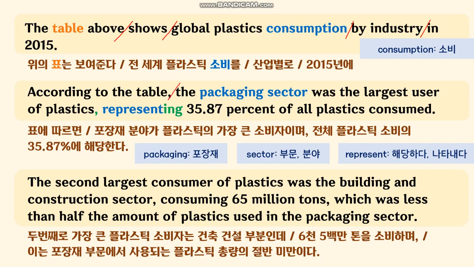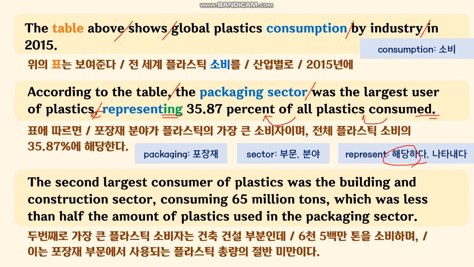According to the table, 표에 따르면 the packaging sector, 포장재 분야가 was the largest user of plastics, 가장 큰 플라스틱의 사용자인데요. 컴마하고 ing 나왔죠? 분사구문, 그냥 접속사하고 동사다라고 생각하면 돼요. 포장재 분야가 플라스틱의 가장 큰 소비재인데 represent, 나타내다, 해당하다. 35.87% of all plastic consumed. 전체 플라스틱 소비의 35.87%를 나타냅니다. consumed 뒤에 이거는요, 과거 분사 뒤에서 꾸며준 거예요.